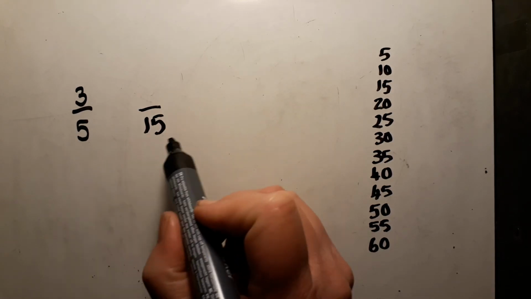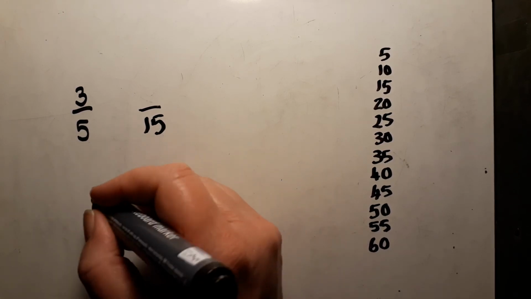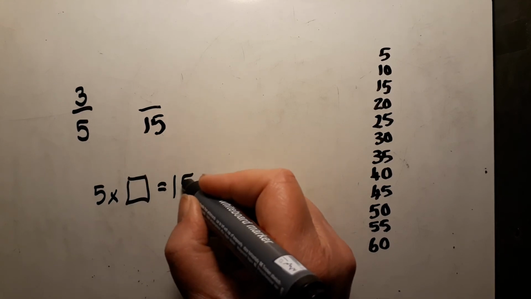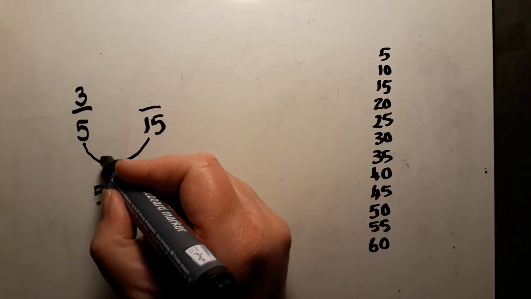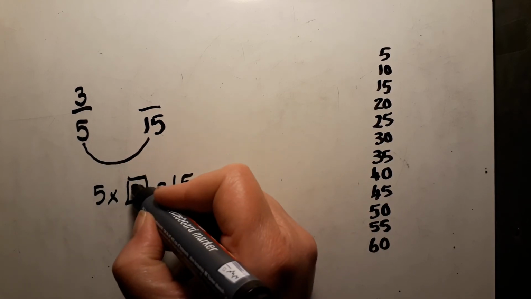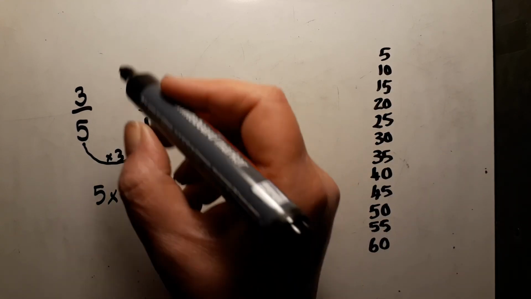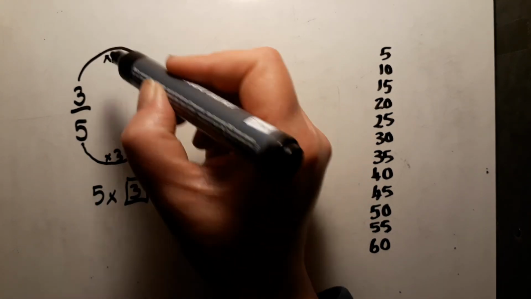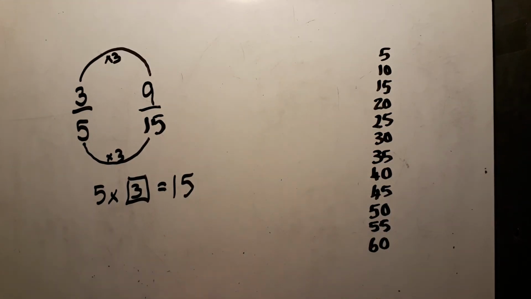Okay, so what do I multiply 5 by? 5 multiplied by something would give us 15, because however the bottom of the fraction has changed. Okay, and I think most people know that 5 times 3 is 15. So whatever has happened here, we need to do the same to the top. 3 times 3 is 9. Okay, so 9/15 is the same as 3/5.